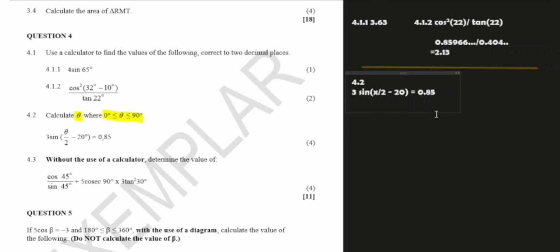So if you divide both sides by 3, you're going to be left with sine open bracket theta over 2 minus 20 is equal to 0.28333333, right? So now we're here, right?